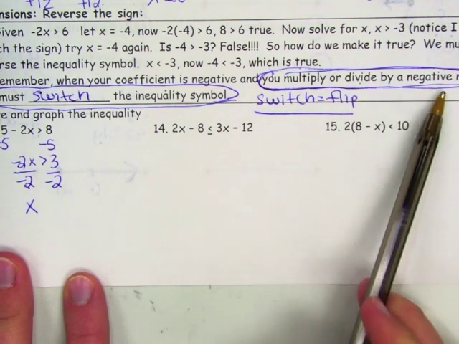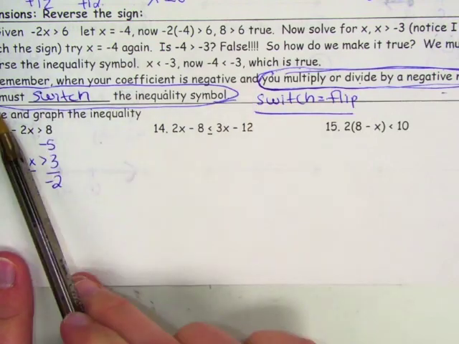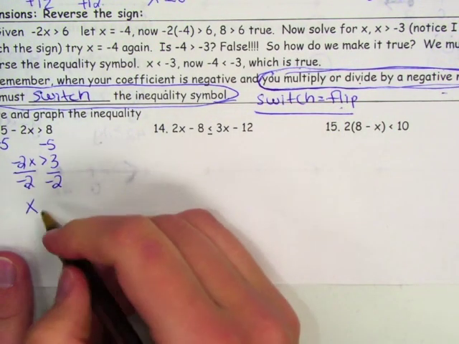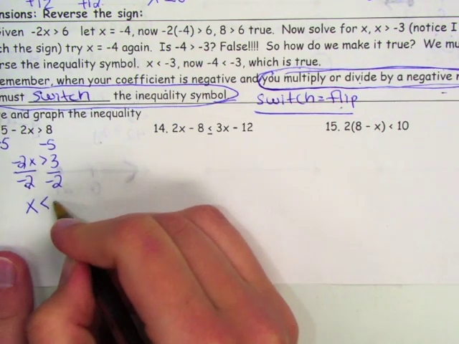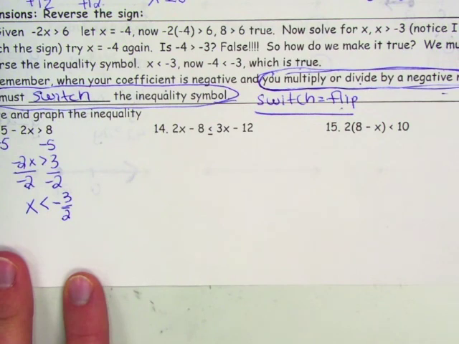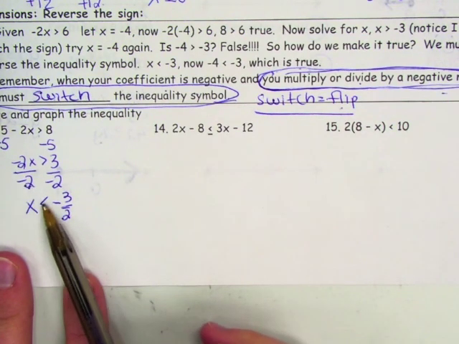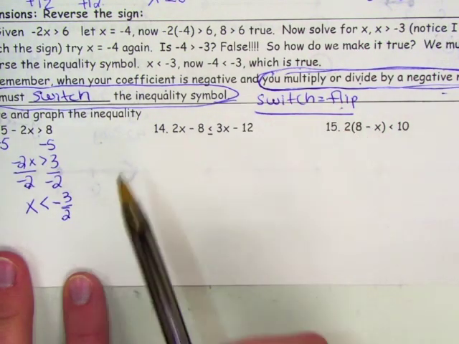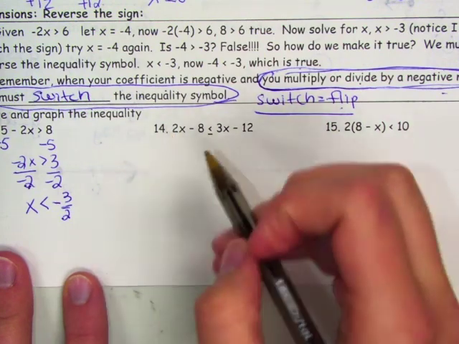I divided by a negative number, so then I must switch the sign. So I need to flip my sign, which means I need to make my sign go this way. It's going to be equal or less than now negative 3/2. So when I divide by a negative number, I have to flip my sign.